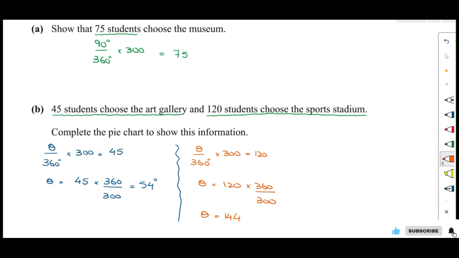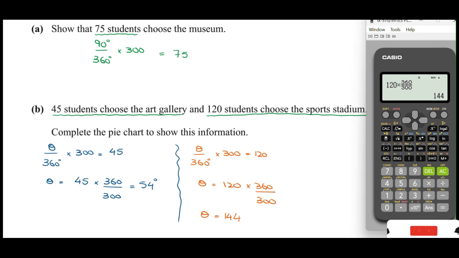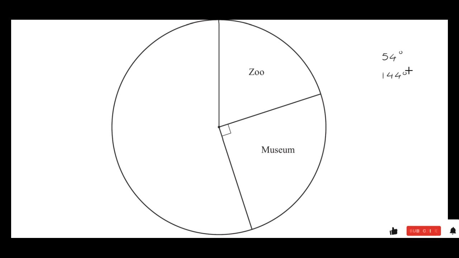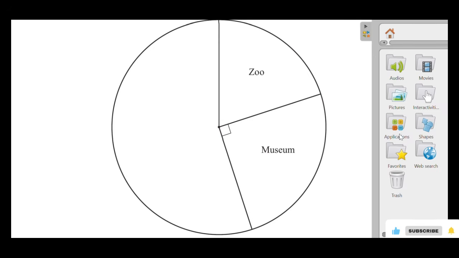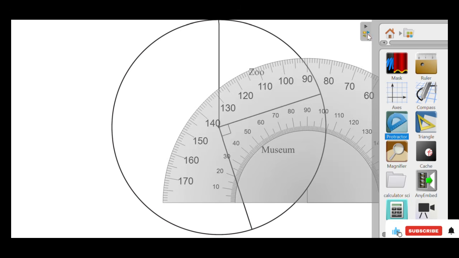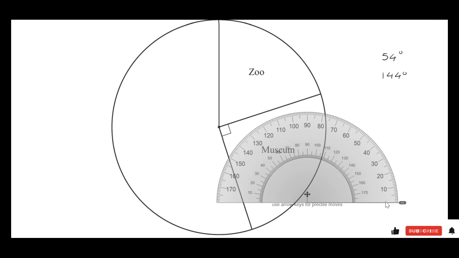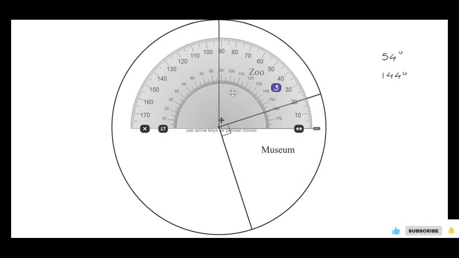Right. Let me double check. Yeah, it's 144, right? Okay, now we use a protractor to measure the angles 54 degrees and 144 degrees. For this, let me use the protractor.